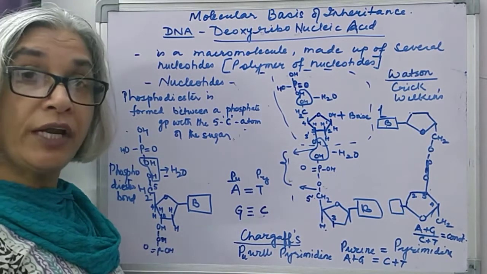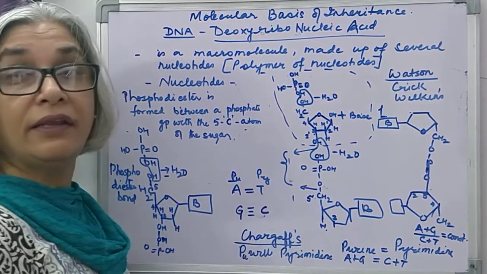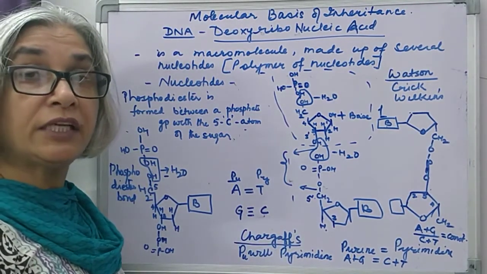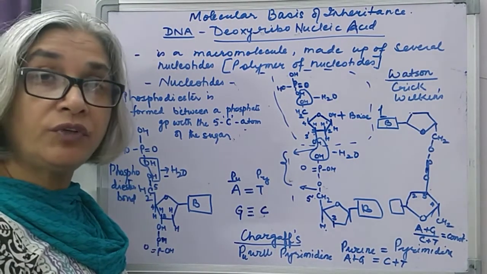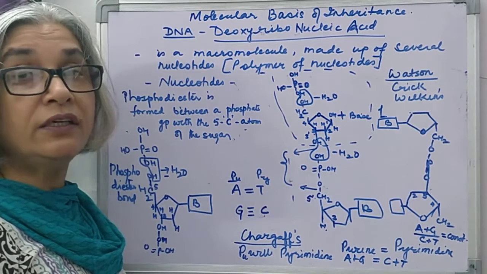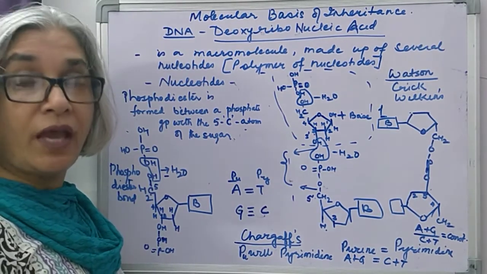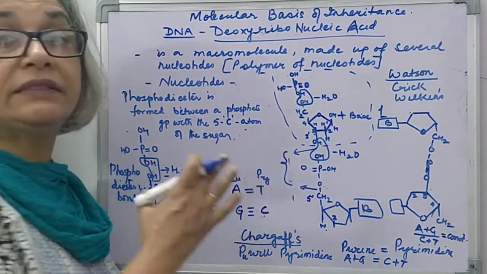The two strands are complementary to each other because the bases are complementary, and the two strands run in opposite directions, anti-parallel to each other. One is in the 5' to 3' direction and the other is in the 3' to 5' direction. I will tell you more points about the model, but this is the basic.